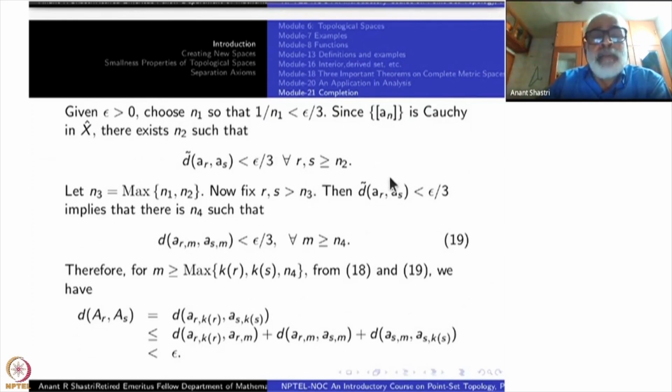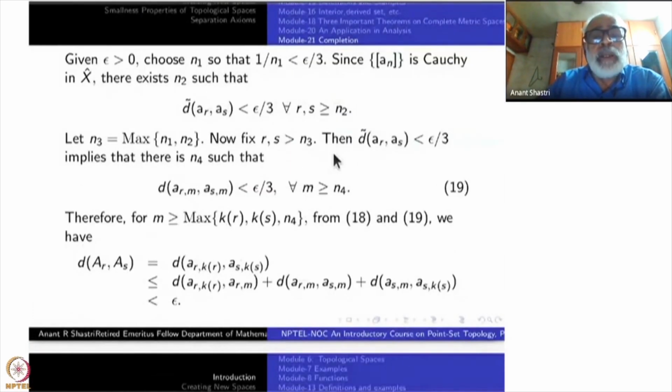Starting with these choices, R and S are bigger than N3, so they will be bigger than N1 and N2. So both these hypotheses will be applicable. D twiddle of AR, AS is already less than epsilon by 3 because they are bigger than N2. So this implies that there exists an N4. Now I am using the definition of D twiddle because it was taking limits. The limit is less than epsilon by 3.